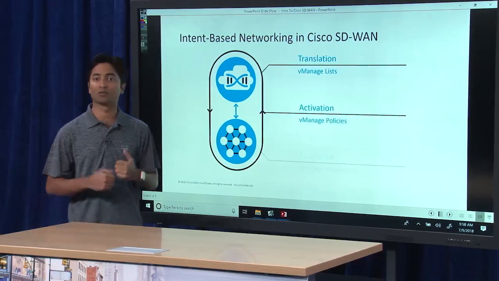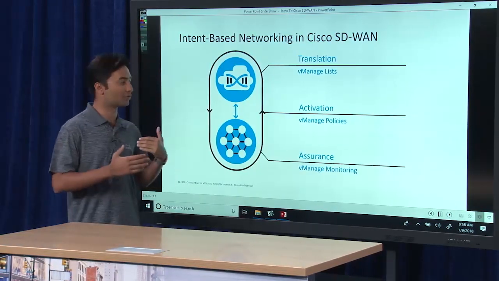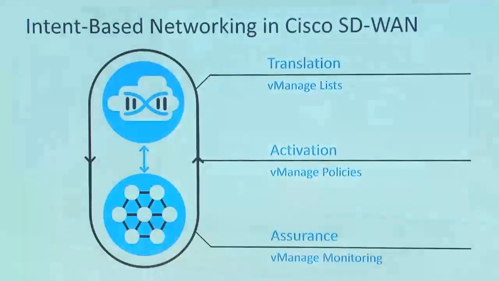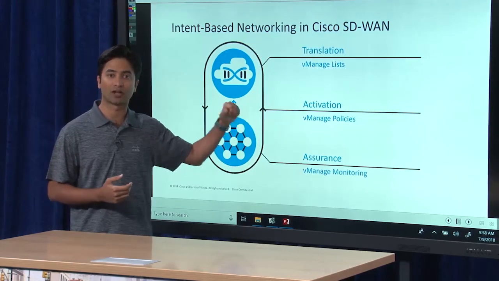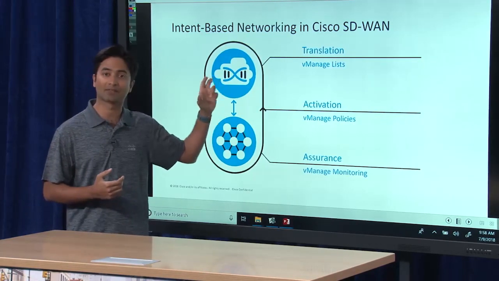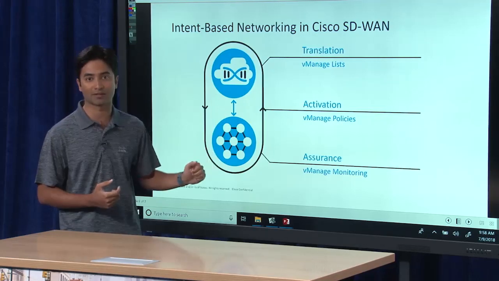With regard to SD-WAN, as you'll go through the remainder of the course, we'll be translating business objectives into list objects inside the Cisco SD-WAN vManage infrastructure. We'll be leveraging the policy framework in this centralized platform to deliver the activation of the business policies.